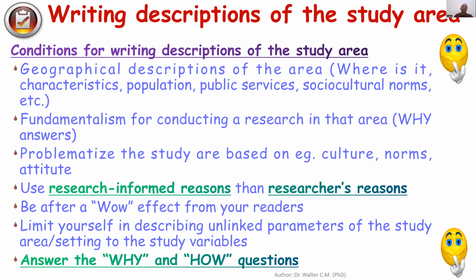So this is the description, but you should be very careful in describing the features of the region or the study area or setting, that you only describe geographical descriptions that relate to your research title or the scope of your study.